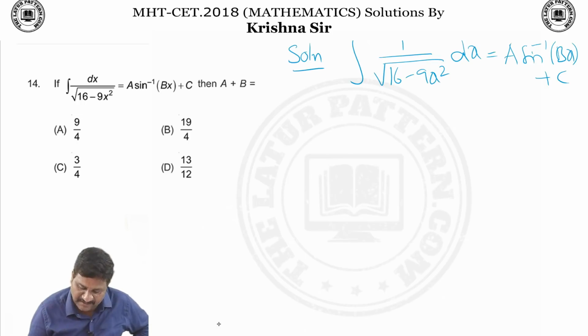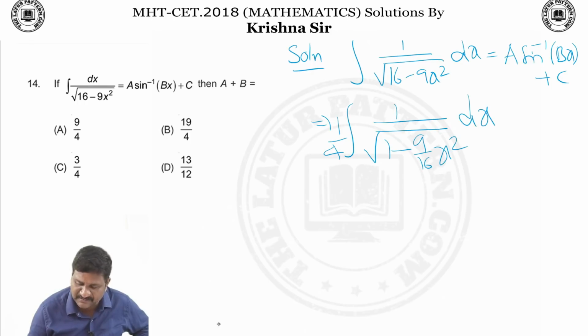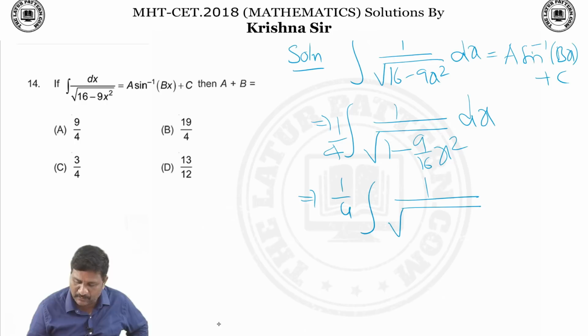In this integration, we take 16 common outside, it becomes 4, so 1 minus 9 upon 16 x square dx. So 1 upon 4, it can be taken as 1 minus (3 by 4 x) whole square dx.